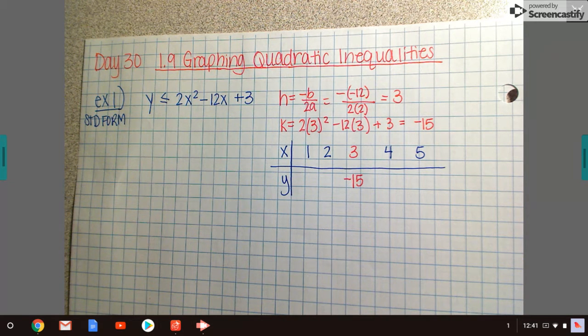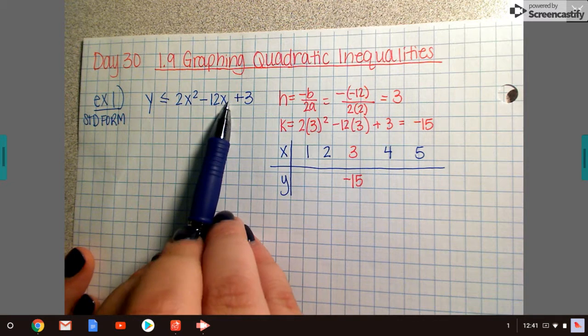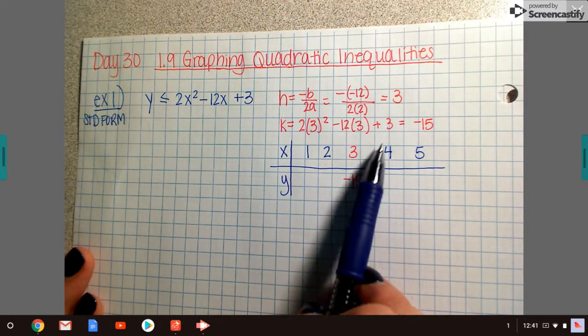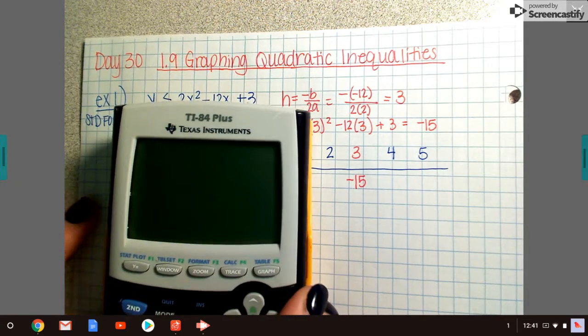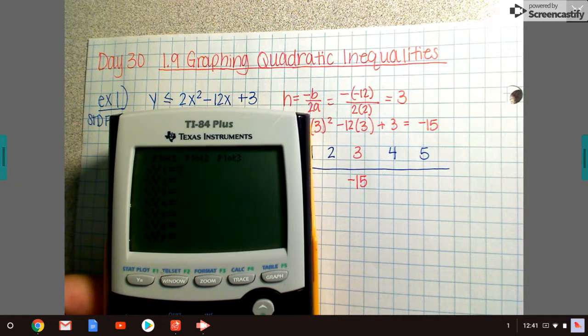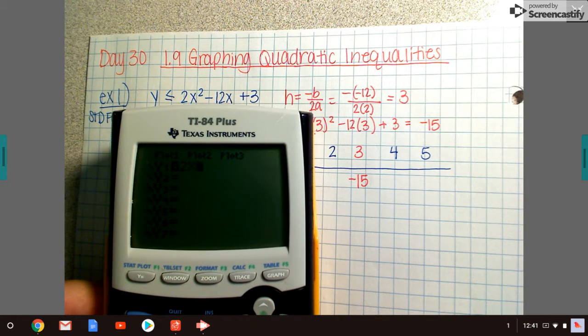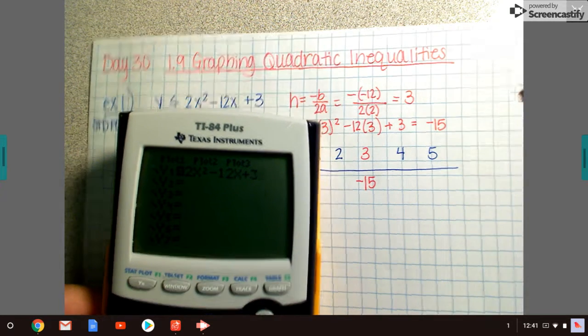We can work this out by hand by plugging in 1 for every one of the x's and simplifying, and then 2, and then 4, and then 5, or we can make use of our graphing calculator. So I'm going to do that. If you go into your y equals and plug in the function that I have, then we can go ahead and ask for a table ourselves.